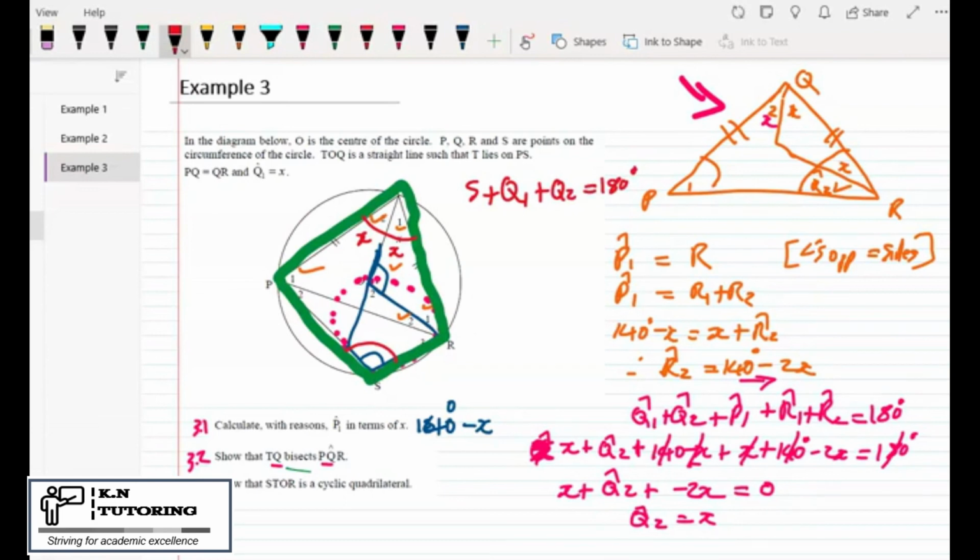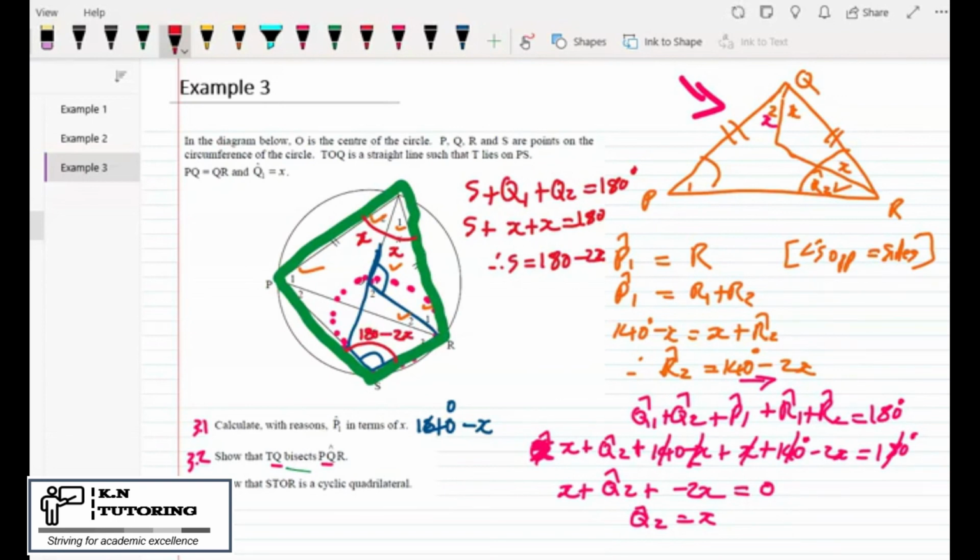Opposite angles of a cyclic quadrilateral add up to 180. What is S? I don't know. Plus Q1 is X, Q2 is X, and that is 180. Therefore, S is equal to 180 minus 2X. So I managed to determine that this is 180 minus 2X.